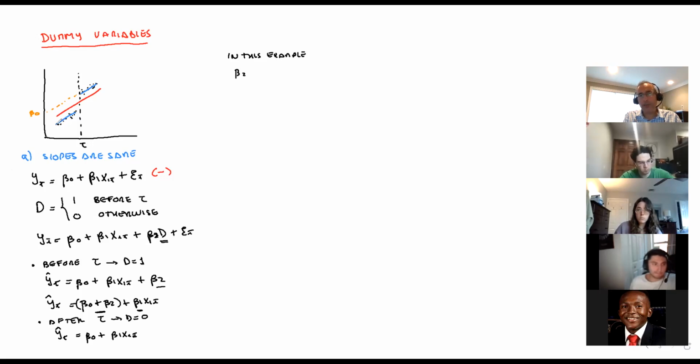Now, what is the y-intercept of the first part? Let me do this in a different color. What is the y-intercept here? I'm below, or before, tau. So my intercept is going to be beta 0 plus beta 2. Correct?